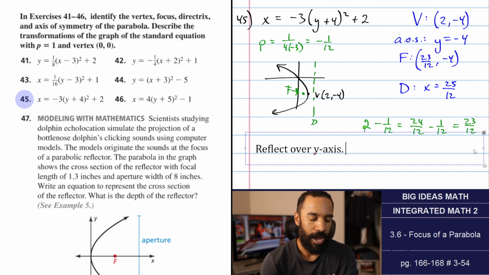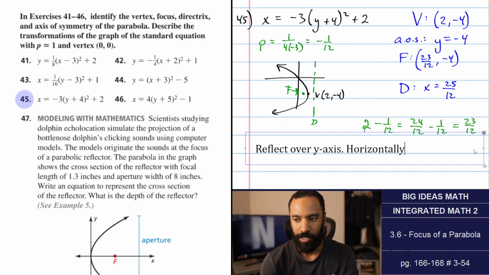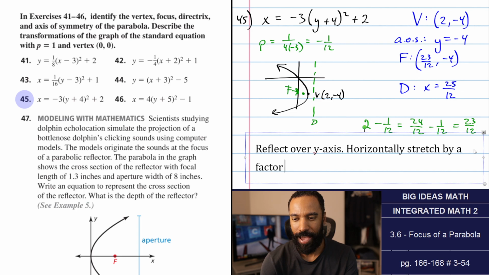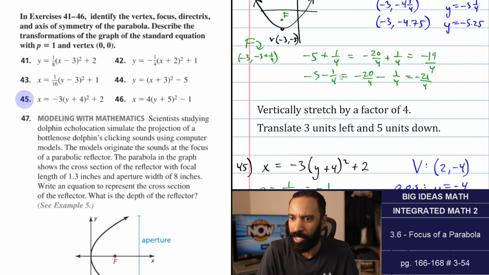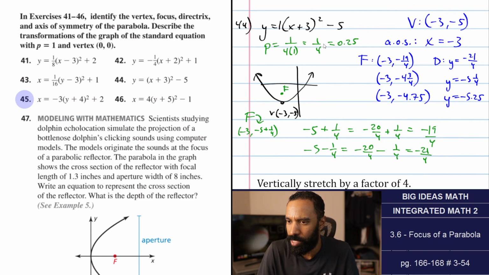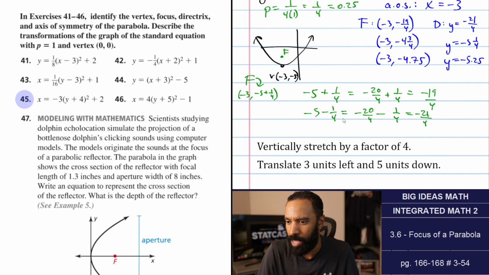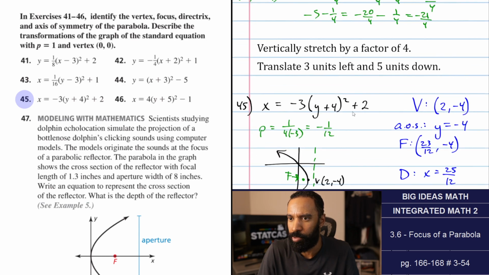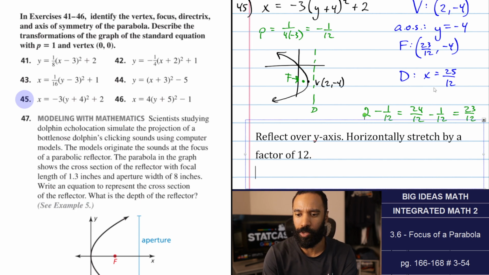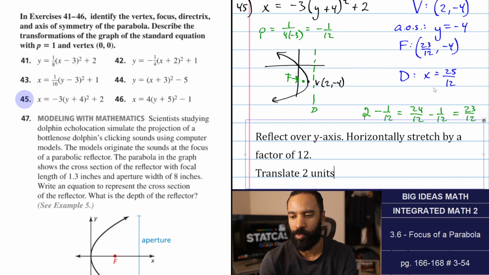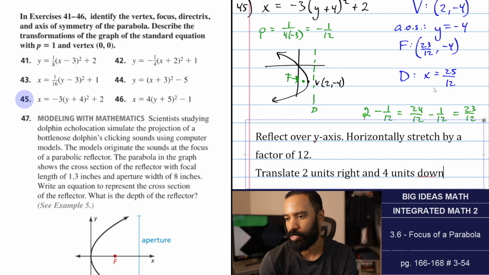You horizontally stretch by a factor of 12. Last time, hold on a second. Did I say this one correctly then? I did. P was 1/4, so A became, yeah, stretch. Perfect. Okay, horizontally stretch by a factor of 12. And then we are also going to translate 2 units right and 4 units down.